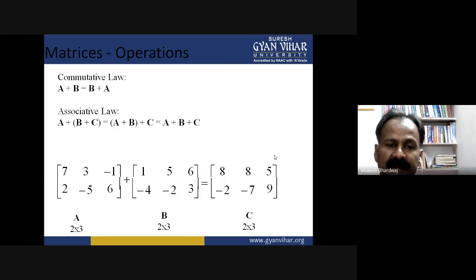Corresponding elements are added to the corresponding element. 7 plus 1 is equal to 8. 3 plus 5 is equal to 8. Minus 1 plus 6 comes out to be 5. 2 plus minus 4 comes out to be minus 2. Minus 5 minus 2 comes out to be minus 7. 6 plus 3 comes out to be 9. After getting the result, the order is also the same for the resultant matrix.